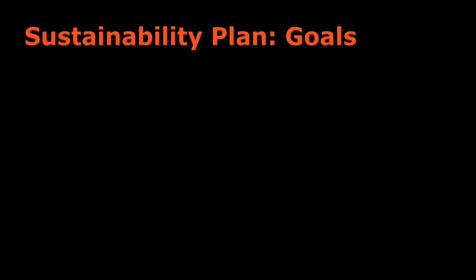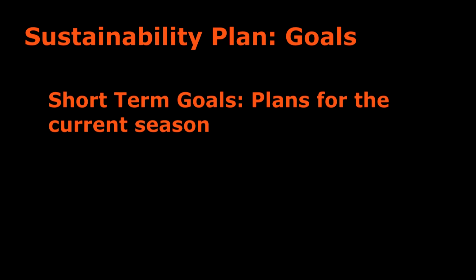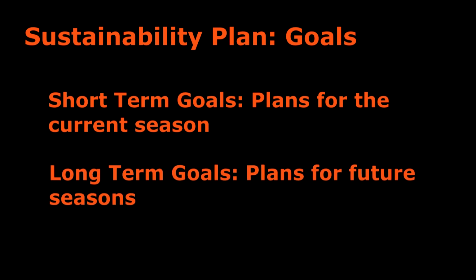After you create a SWOT analysis, next you need to lay out both your short-term and long-term goals. Short-term goals are just for the current season. Some common short-term goals are making it to state competition, learning more about a certain subject, or gaining a specific sponsor. Long-term goals are for multiple years.